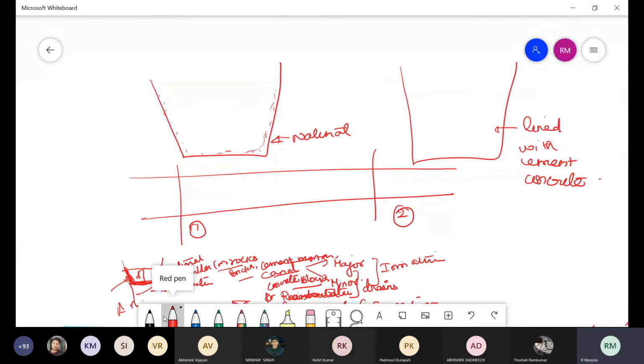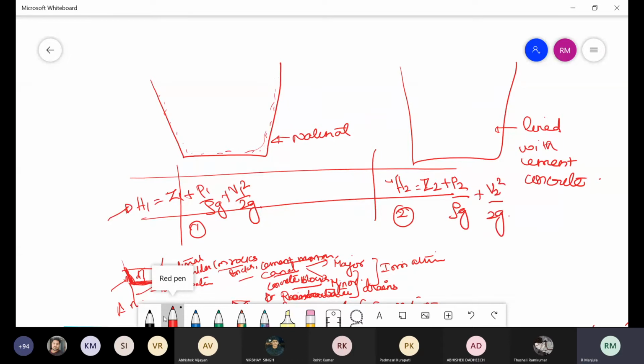And I am finding what my energy is here. H1 is equal to Z1 plus P1 by rho g plus V1 square by 2g. Am I right? Similarly, H2 is equal to Z2 plus P2 by rho g plus V2 square by 2g.